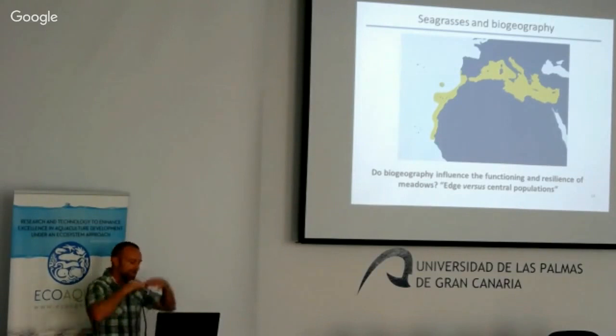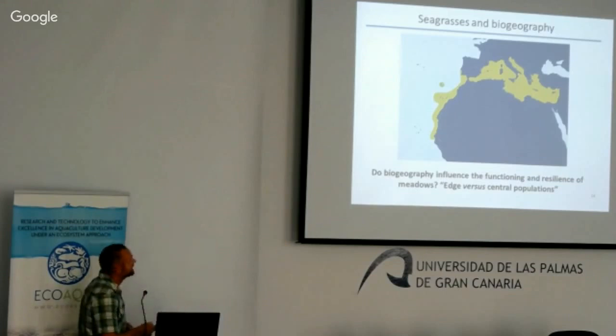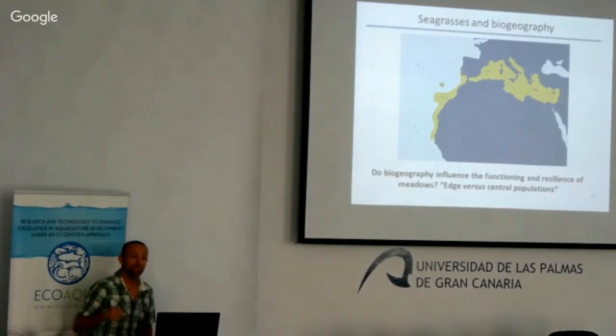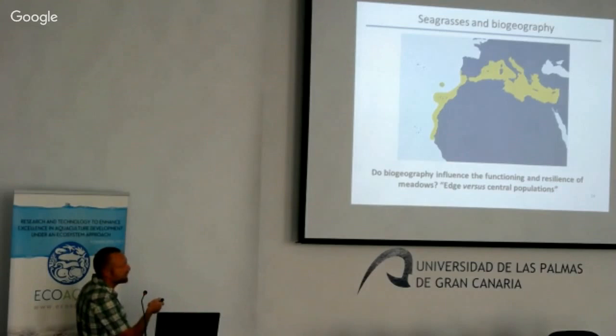So, all of these genetic patterns are going to be modulated by geographical and evolutionary determinants, and it's key, therefore, to incorporate not only local variations in genetic diversity, but also variation across the entire distribution range, okay? So, at the end of the day, from a methodological point of view, this means that we have to set up experiments at certain locations and replicate these experiments across the entire distribution range, okay?